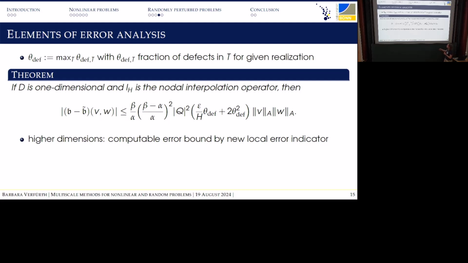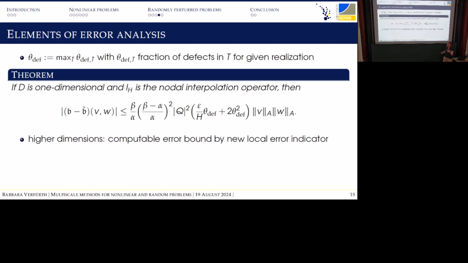by some quantities that depend on the contrast, and then basically this theta defect, which is somehow the fraction of defects, or the maximal fraction of defects you have in your realization. So it's not statistically correct, but imagine this to be the defect probability P. Then I think things become a bit more clear.